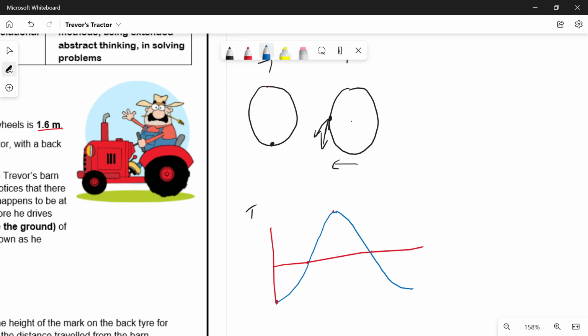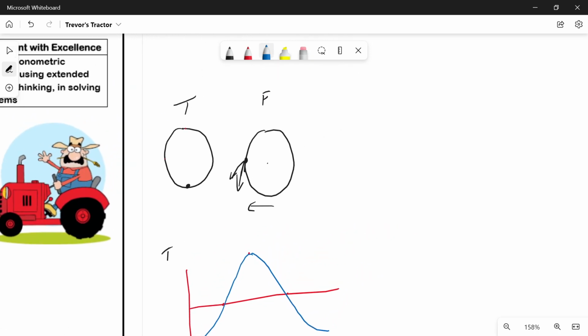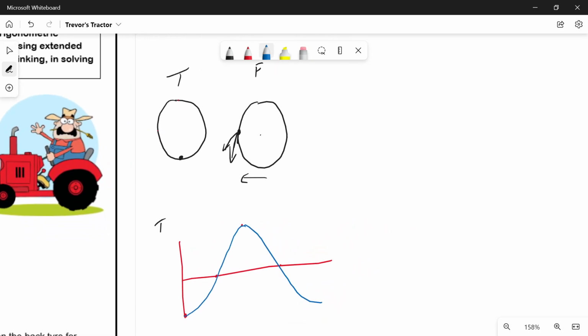Okay, and let's have a look at what Fred's looks like. Well, Fred's very similar to Trevor's. Sorry, let me try that again. And Fred's starts in the middle, but goes down to the bottom, and then goes back up, then to the top, then back down.